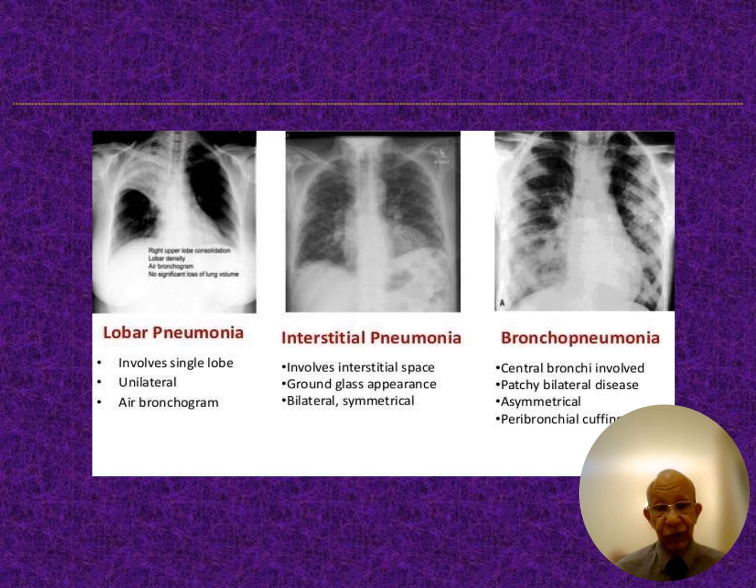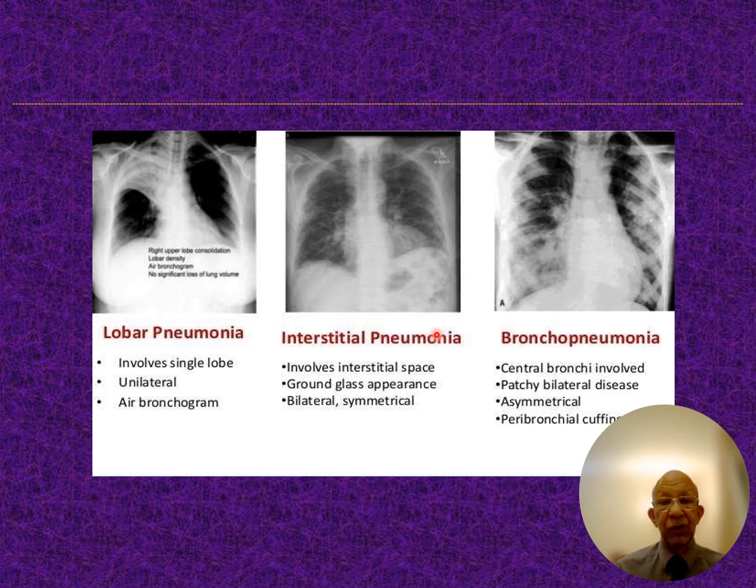Now, the three varieties of pneumonia. The lobar pneumonia, you can see the consolidation here of the right upper lobe, right? The fissure has gone up a bit, so maybe there is a bit of lung volume loss here, right? And the typical thing is you see the air bronchogram. That's lobar pneumonia.